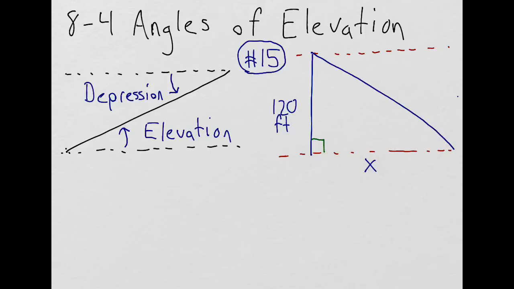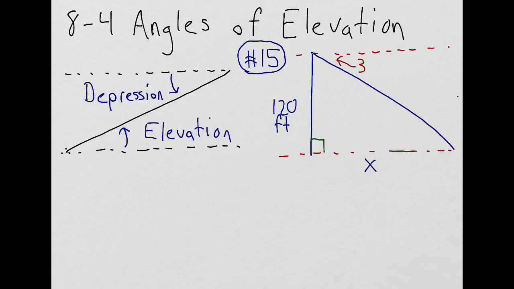Now we just have to put the angle in the right spot. It says the angle of depression to the fire is 3.5 degrees. Now that's an angle of depression, which means you do not put it right here. That corner of the triangle is not 3.5. The angle actually needs to go right here.